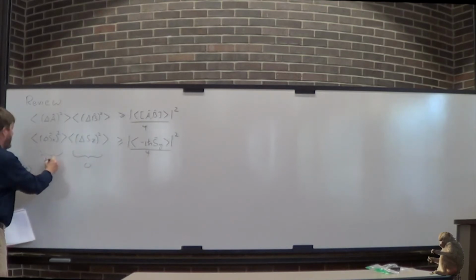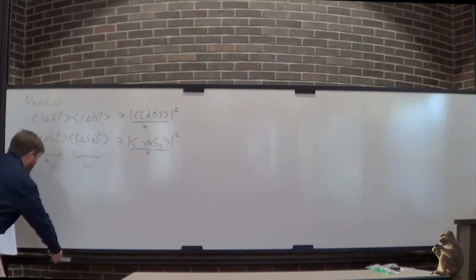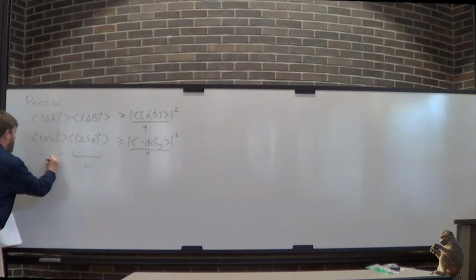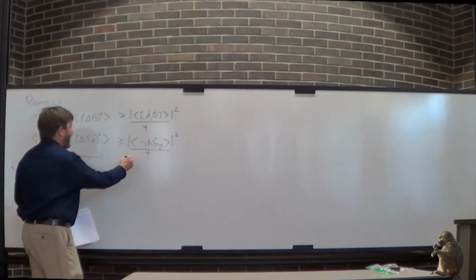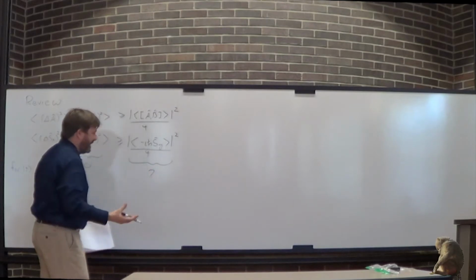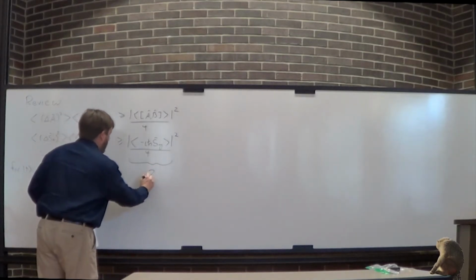For Sx, it's not hard to show that you get h bar squared over 4. I had a challenge for people to figure this out, but in the process I tried to evaluate this for S plus, and I got 0, and I know that can't be right.